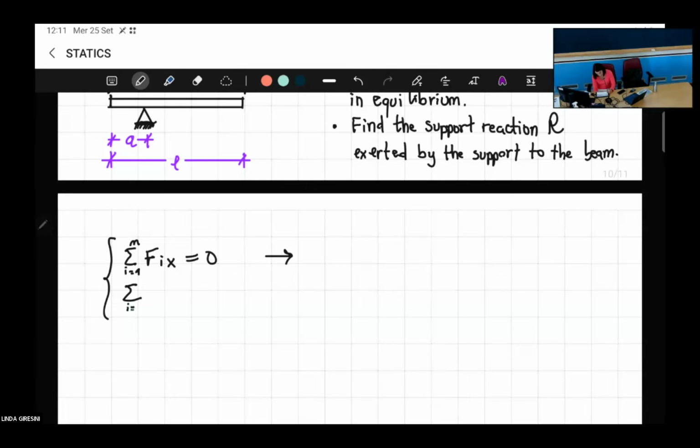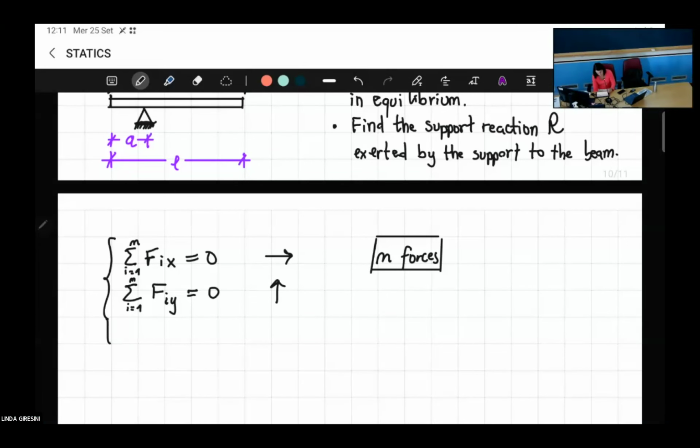The second one is the sum from i equal to 1 to n of F_iy in vertical direction. i is the generic ith force. So if we have n forces, this is a general expression for the equilibrium conditions.